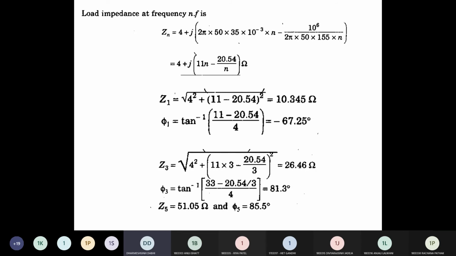Without any harmonic, your output contains only the fundamental component, that is, n equal to one. So at that time, what is the angle between voltage and current? That is phi 1. Here, phi 1 is minus 67.25. Yes or no?